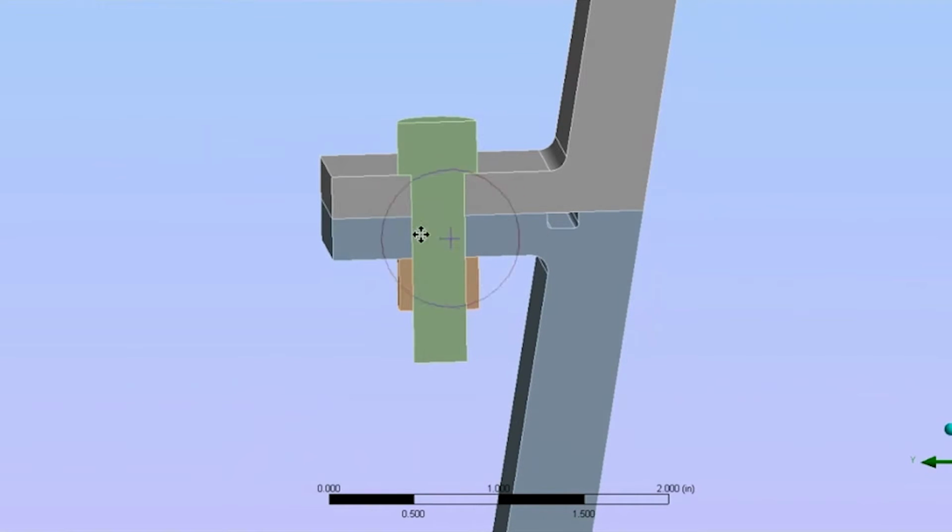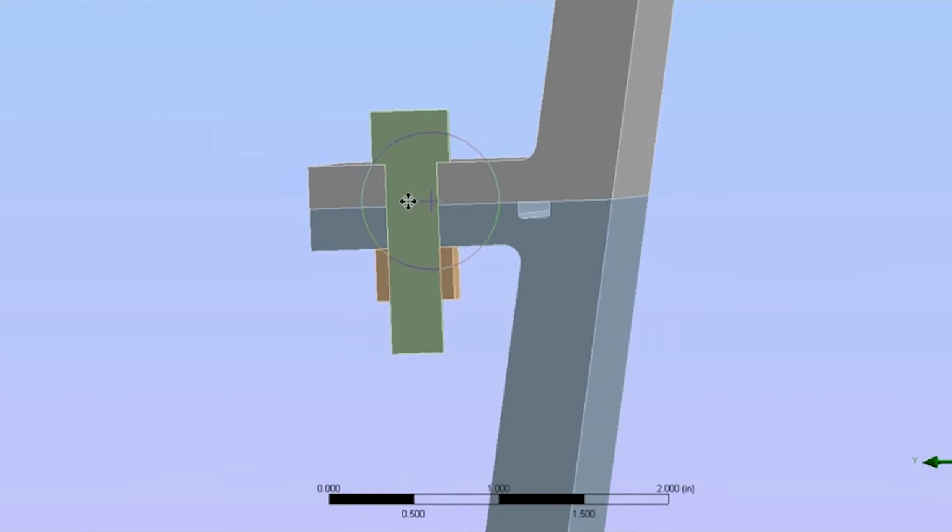Now, admittedly, when I created my very first model, I bonded everything together to make sure that I could get results. And then I interpreted the results, and then I went further, and then I started adding in frictionless contacts.